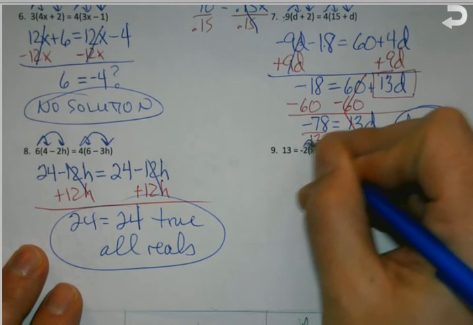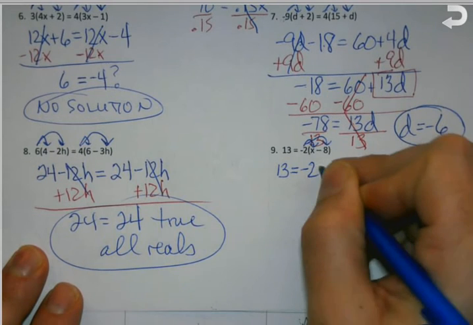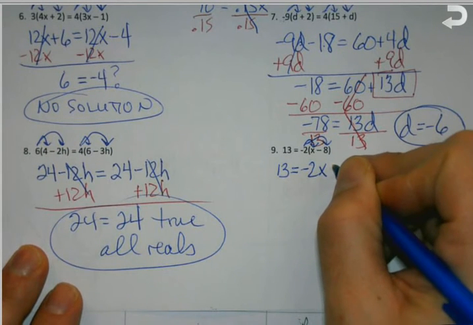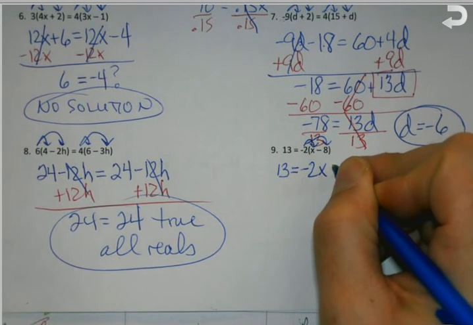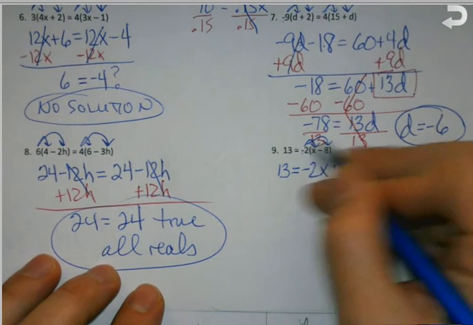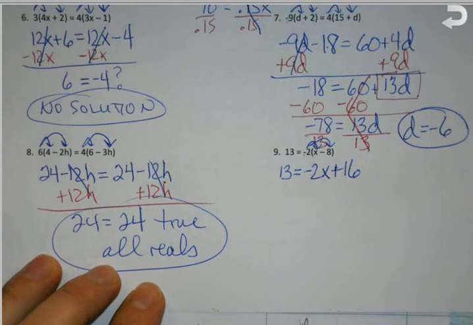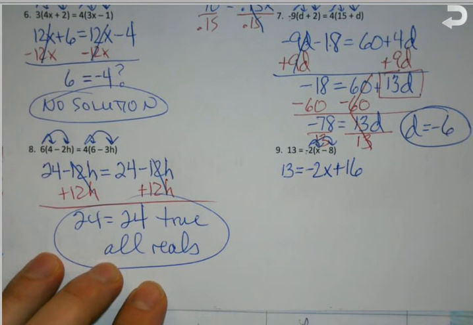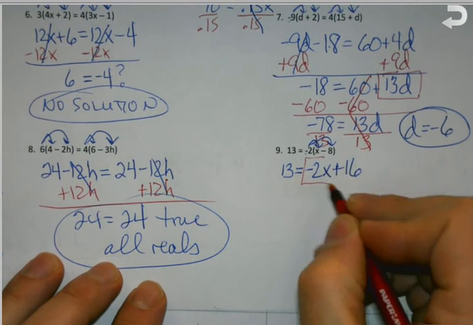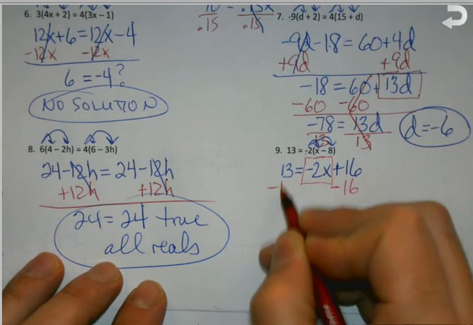See the parentheses? Got to distribute. Be careful. Yeah? Good. Negative times negative is positive. Now what? Subtract the 16. I am with you.